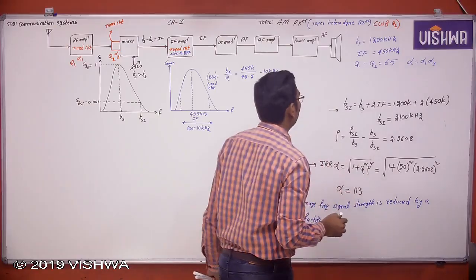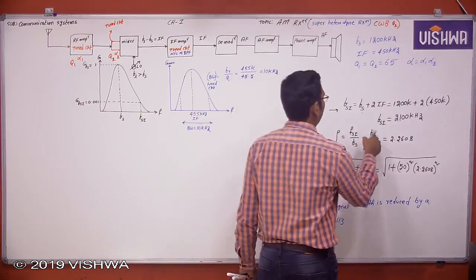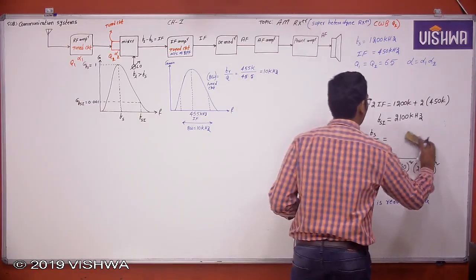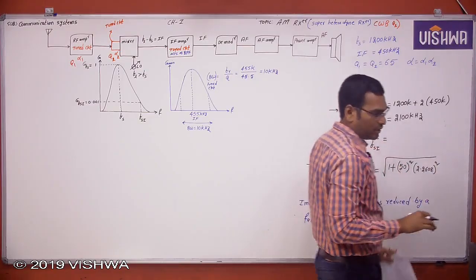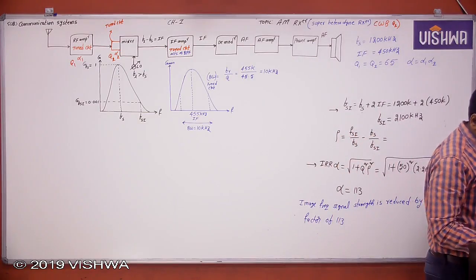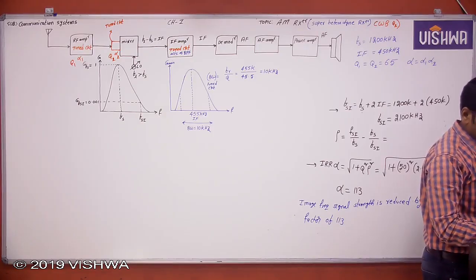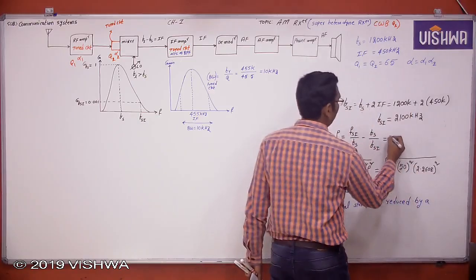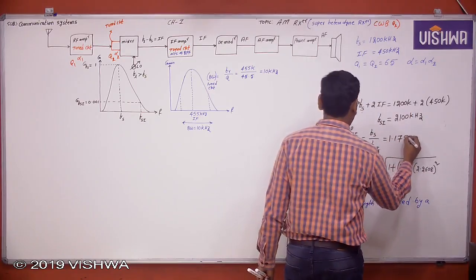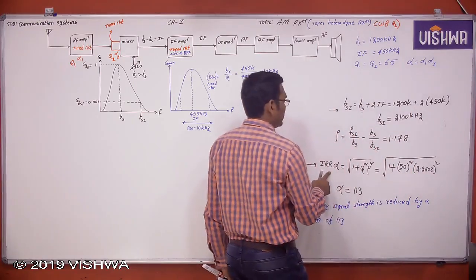Now the image rejection ratio is FSI by Fs minus Fs by FSI, which is 1.178.